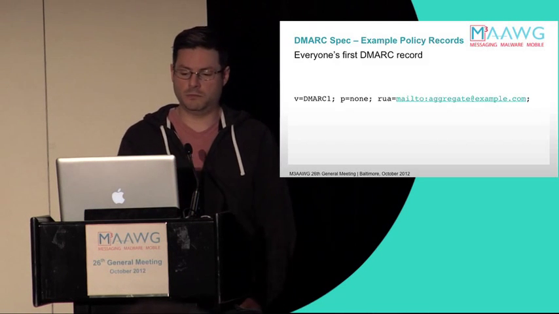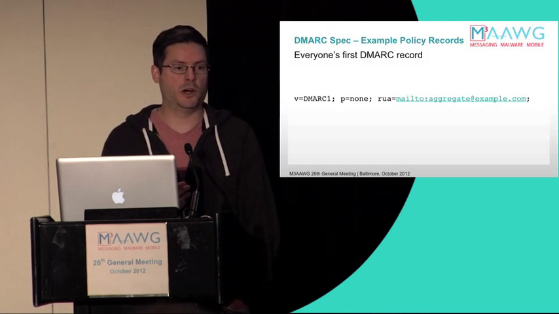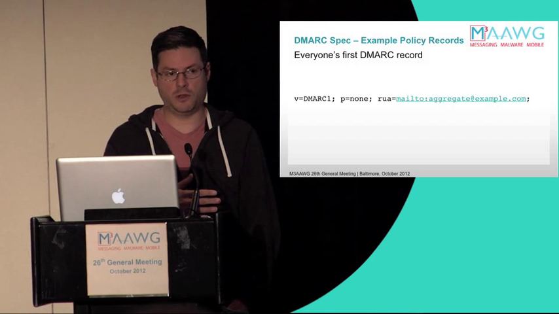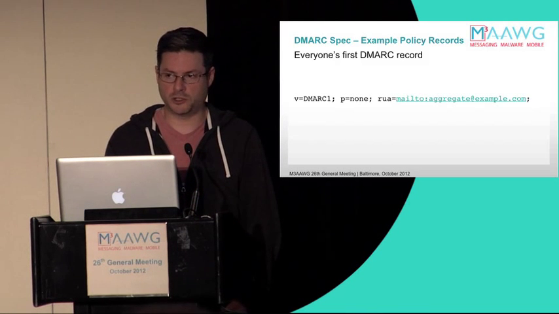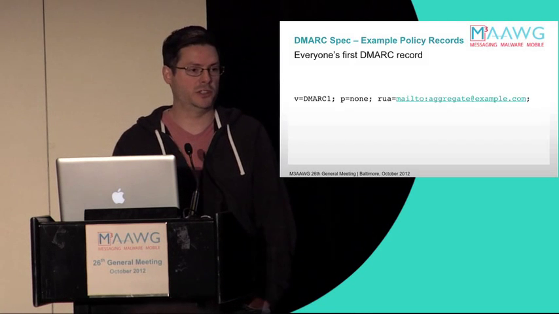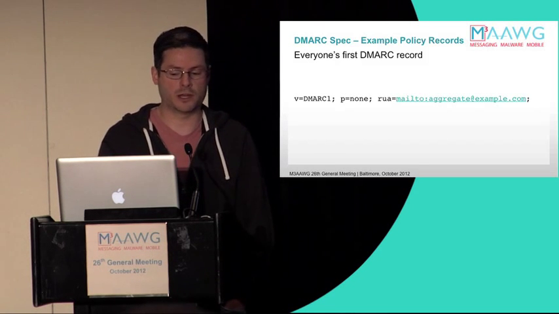So we said, make it a reporting only policy and just verify that what you think your practices are, they in fact are. So if you think SPF is rock solid and you know everybody that's sending email and you think you have a good handle on your outbound infrastructure, know where every server is and what it's doing, start with a report only policy and opt into aggregate reporting.